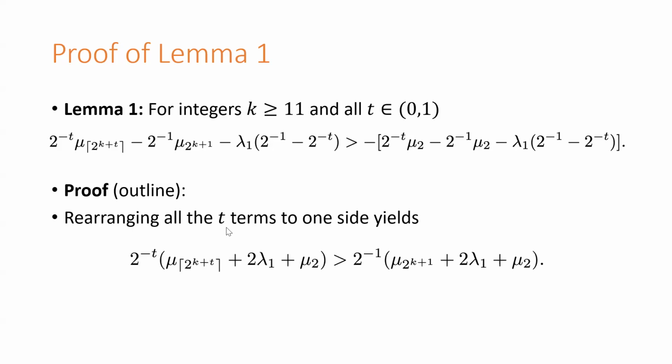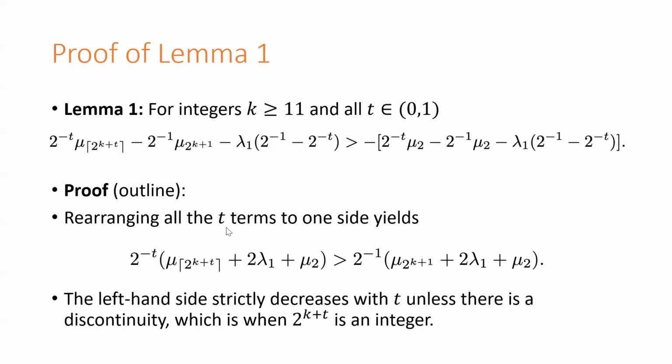The left-hand side is interesting because, other than at the discontinuities, it's actually fairly nice. It decreases, but the only issue is that sometimes this will become an integer and then it isn't nice anymore. So there are all these discontinuities.